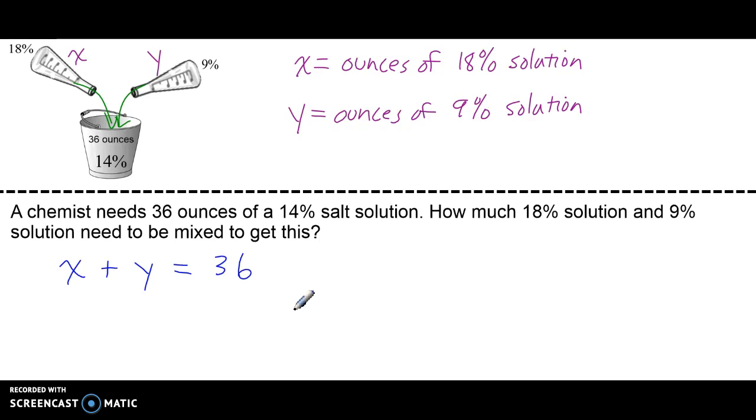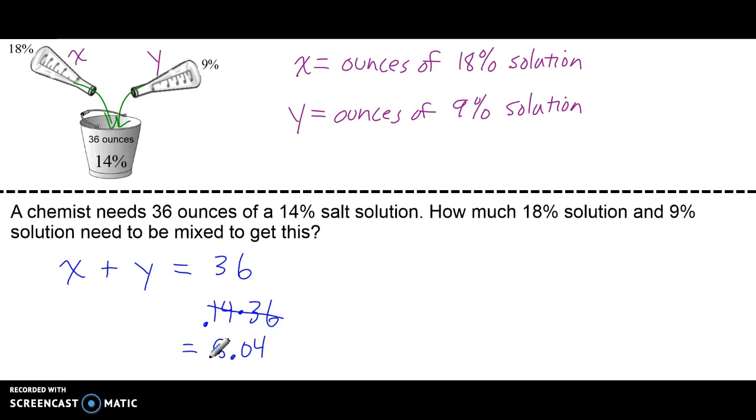And then the second equation has to do with making sure you end up with the right amount of salt when you're done. When you're all done, you need to have 14% of the 36 ounces, however much that is. So you grab a calculator, you compute it out, you go 0.14 times 36, and you find out that that's 5.04.